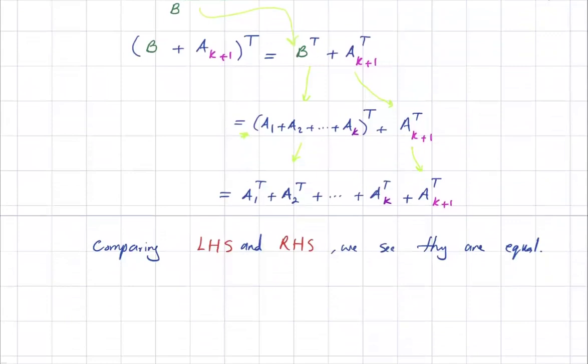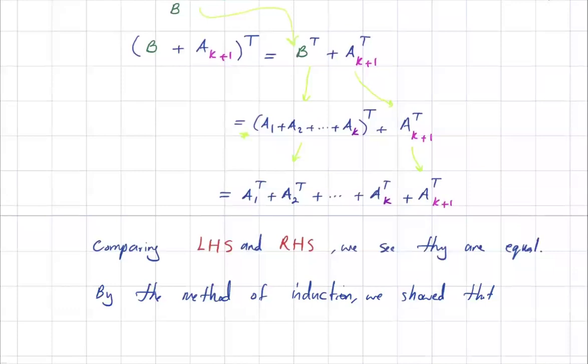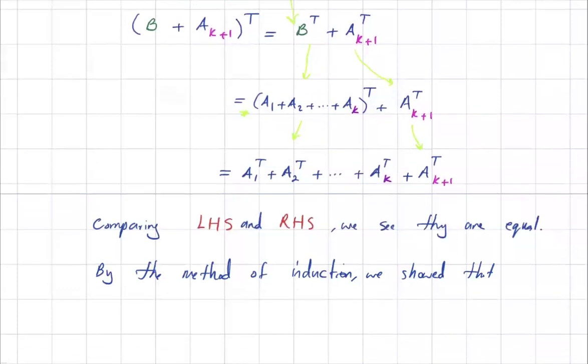So your conclusion is, by the method of induction, we showed that if I take some matrices A1, A2, dot, dot, dot, An, and find the transpose of their sum, it's nothing but the summation of their transpose.